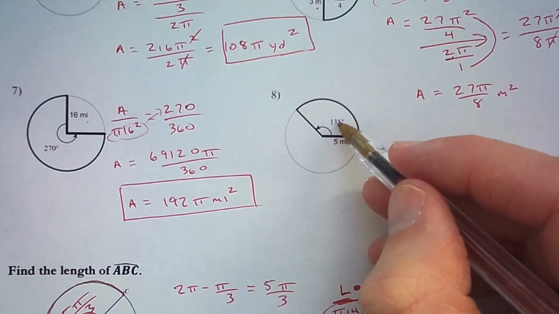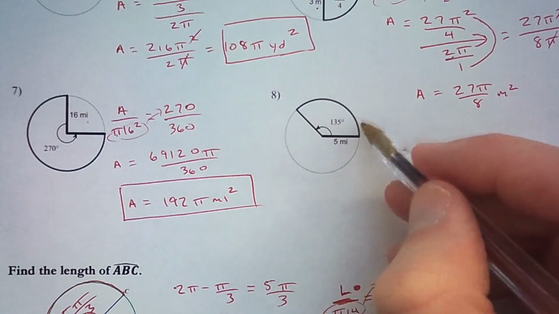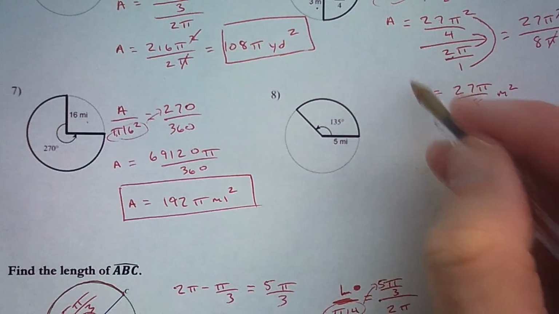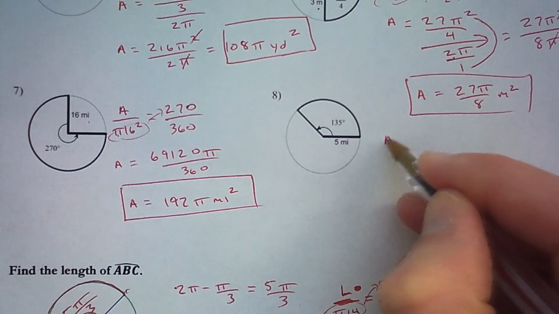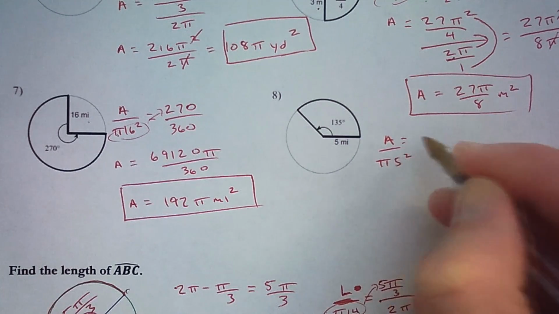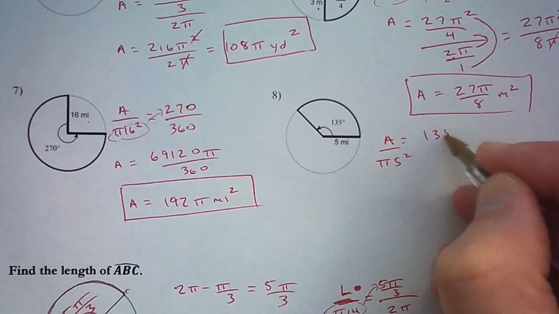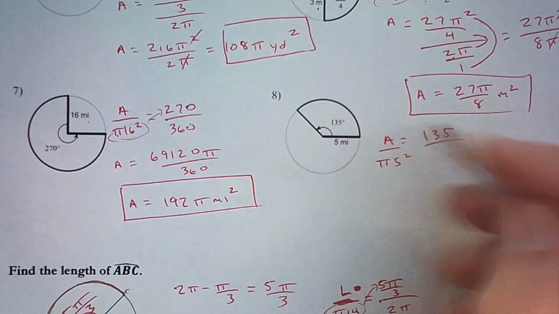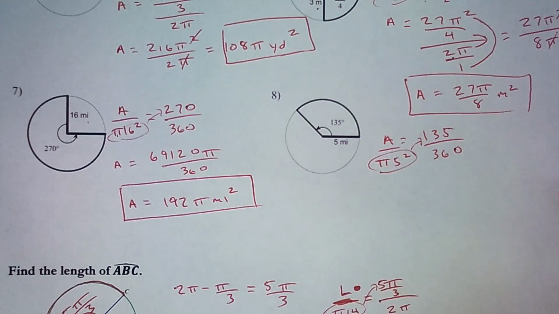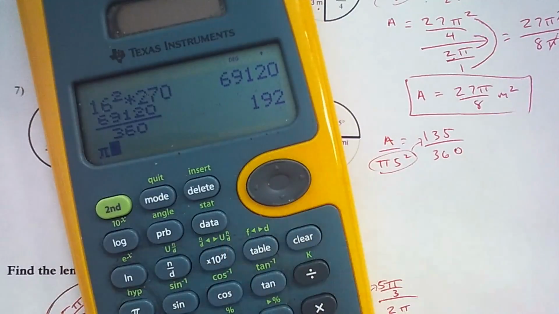And last, I've got a 135 degree arc and a 5 mile radius. So the area is to pi r squared, pi 5 squared, as the number of degrees, 135, is to the degrees around a circle, 360. So I will multiply this across. So that's 5 squared times 135.